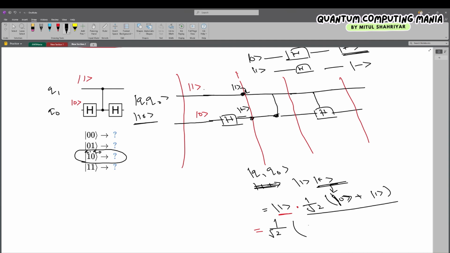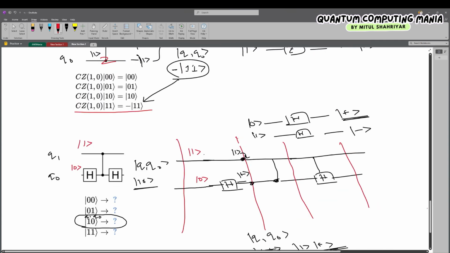So we now have 1 0 plus 1 1. Just to clarify, we just kept that common here, and 0 and 1 were there earlier. So it is getting easier right now.